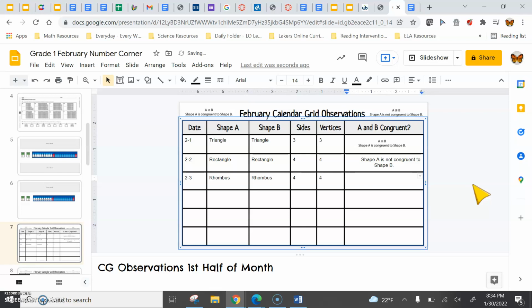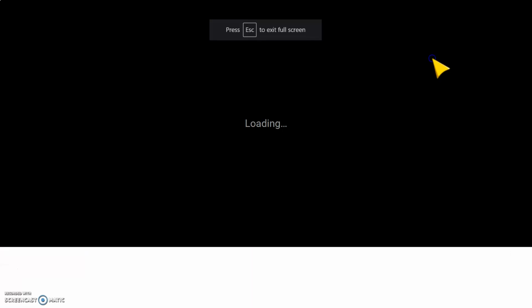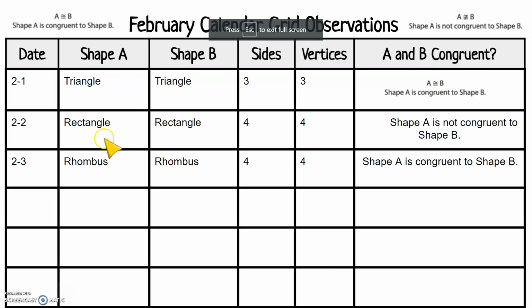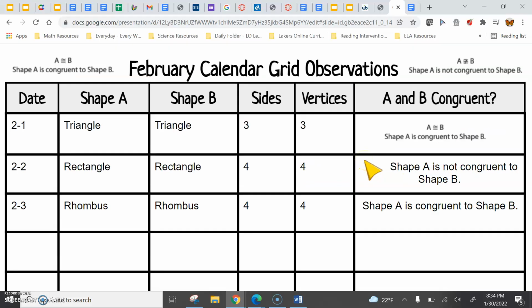And we did find out that shape A is congruent to shape B. Very important. So look at that. Rhombus, rhombus, 4 sides, 4 vertices, and it is congruent.